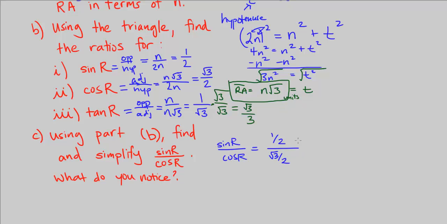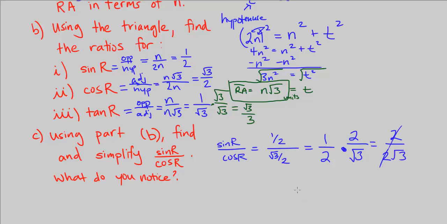Okay? So now we have a fraction divided by a fraction, and remember that's the same thing as multiplication by the reciprocal of the denominator. So the reciprocal is going to be 2 over square root of 3. That's going to be 1 times 2 is 2. 2 times square root of 3 is 2 square root of 3.